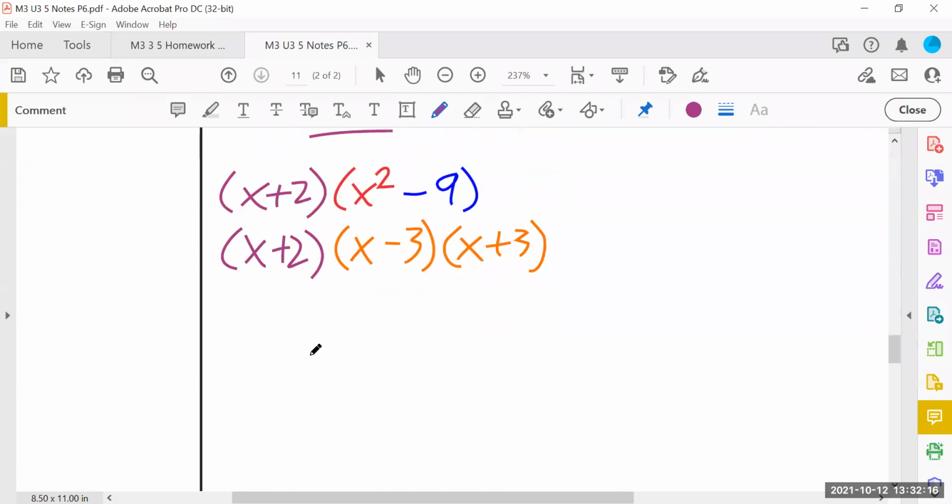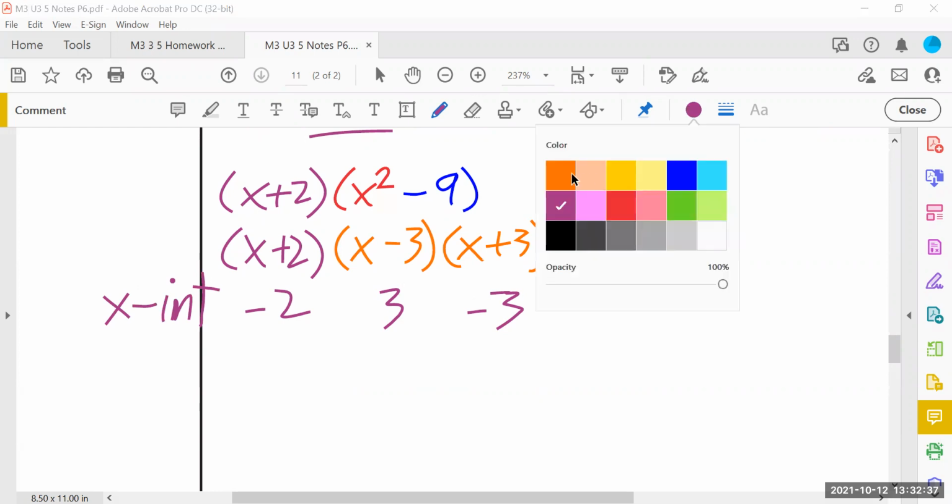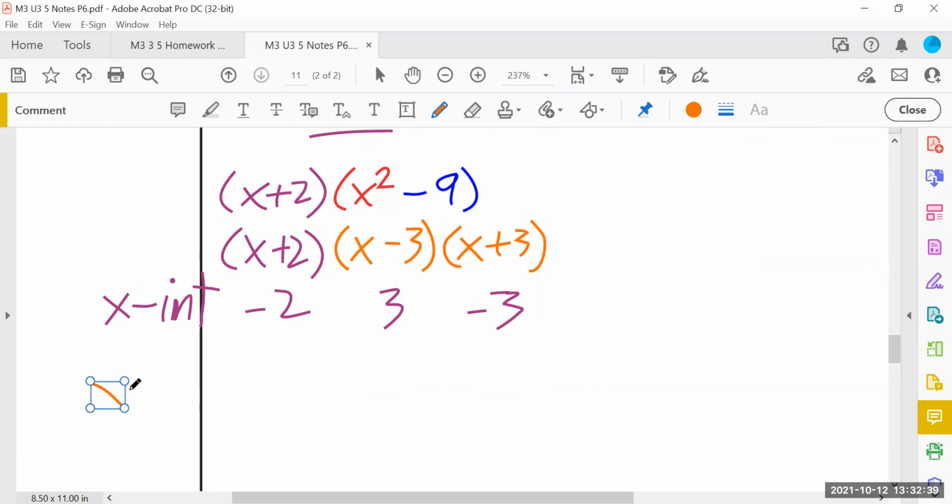So, are we all good? X-intercepts, focus. X-intercepts: negative 2, positive 3, negative 3. Are we good with that? X-intercepts: the opposite of each one, what would make each one 0? Y-intercept would be putting in 0.